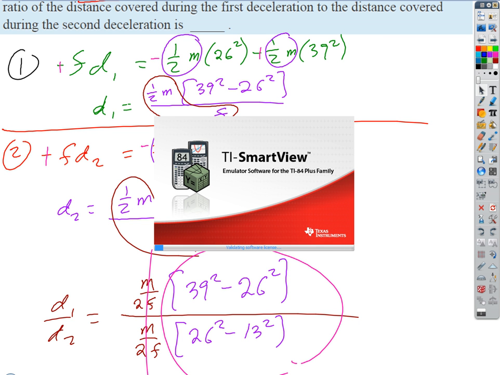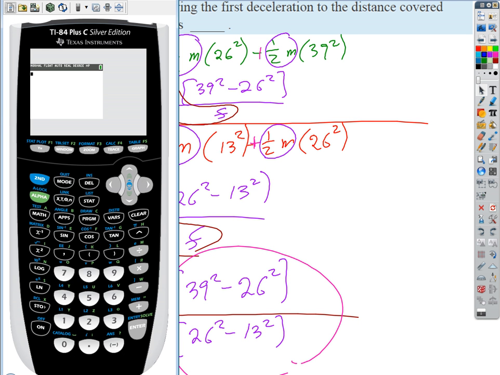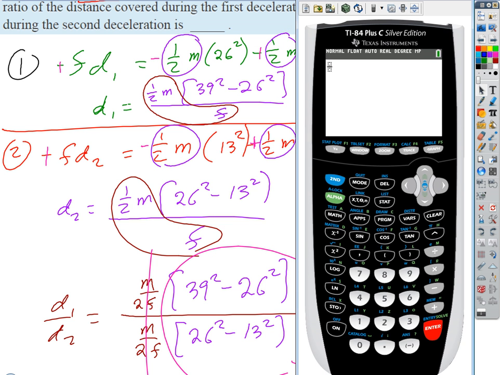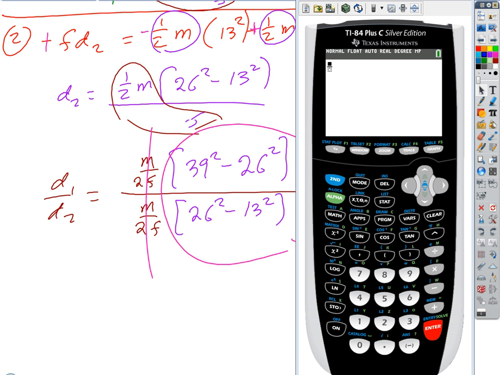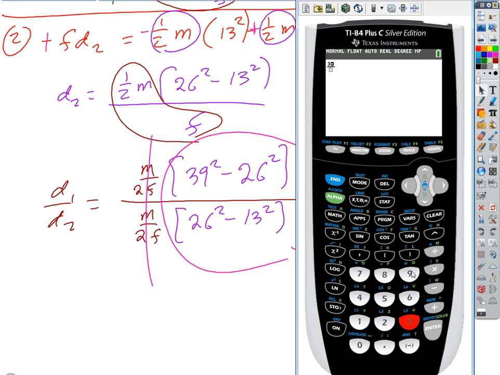So let's see what we get. 39 squared minus 26 squared divided by 26 squared minus 13 squared gives us 5/3.